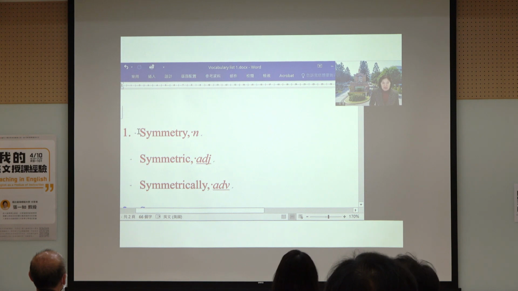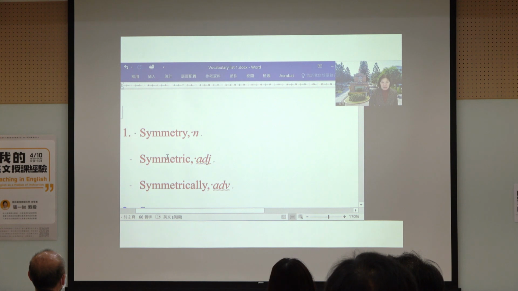Symmetry is a noun, showing that the object has something similar to each other around some reference point. We will explain this more in the class. But the related words are symmetric. You can notice that the accent is different for these two words. In symmetry, the accent is in the front.